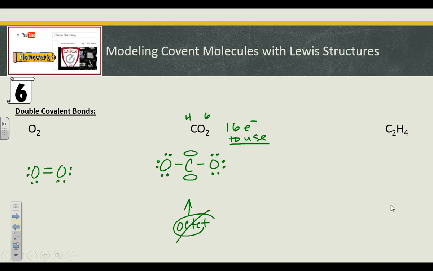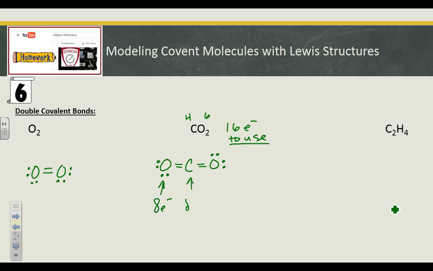We got to fix that by taking a lone pair off the oxygen on the left and turning it into a double bond. And doing the same for the oxygen on the right. So when I redraw these as double bonds, I'll recount my electrons that have been used. And I'll see, well, this guy here is 2, 4, 6, 8 electrons.